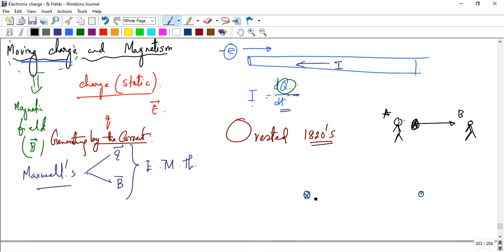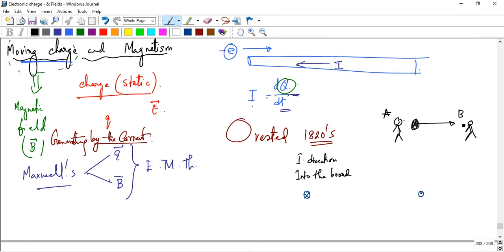A cross means the current is going towards the board, or into the board.